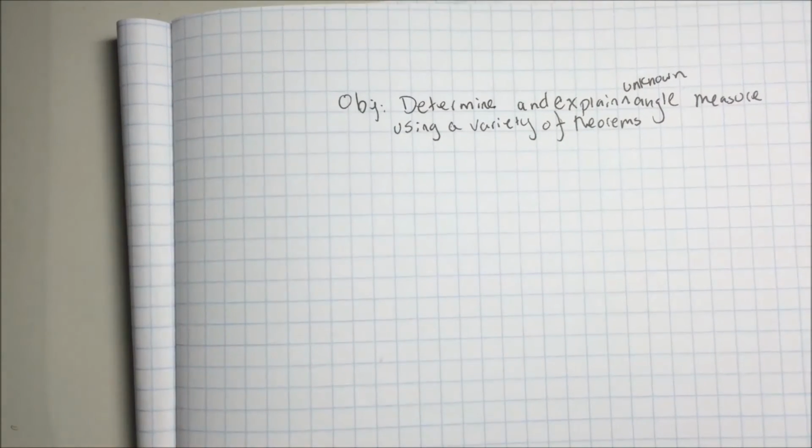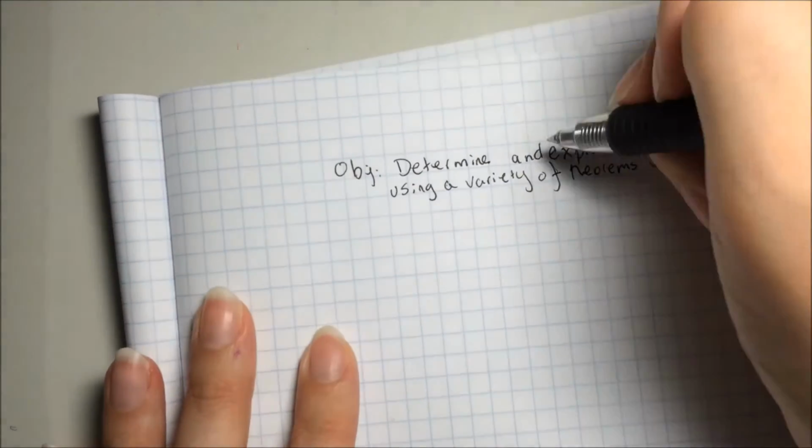Okay, I believe that was the same objective as the previous page. I'll just double check. Using a variety of, shouldn't be theorems, methods. Make sure I had that right. Methods.